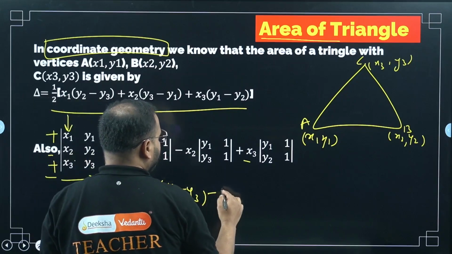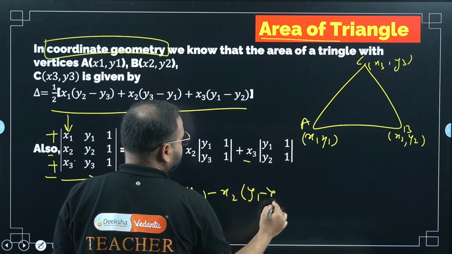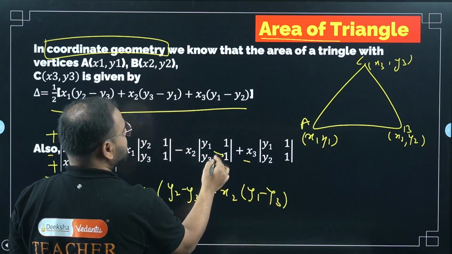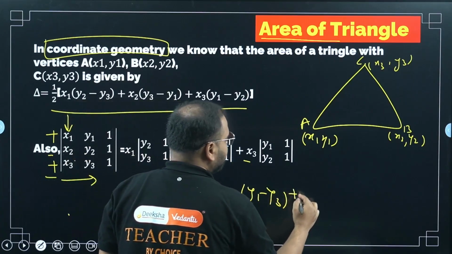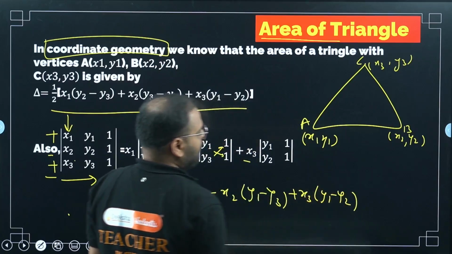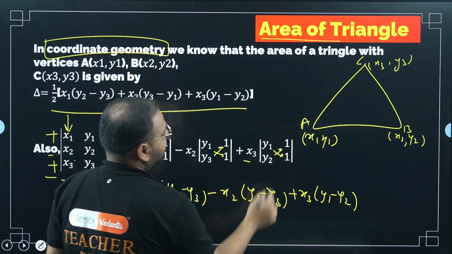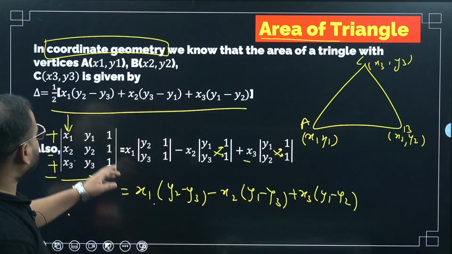This will look like minus x2 times y1 minus y3. We are doing this the same way. This will look like plus x3 times y1 minus y2. Please check. Correct, right? y1 minus y2. Now please cross check with this.